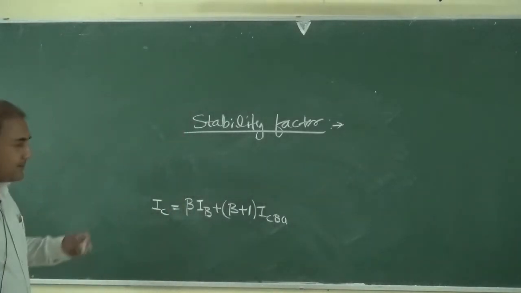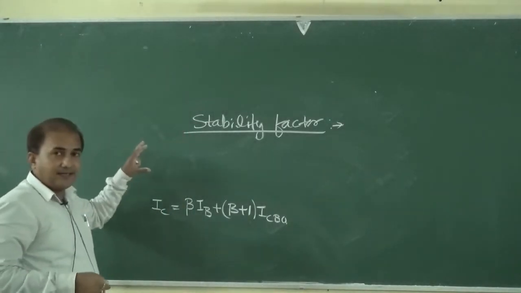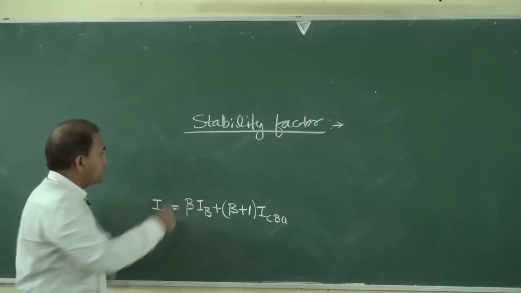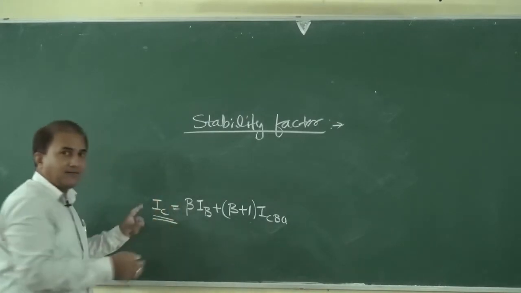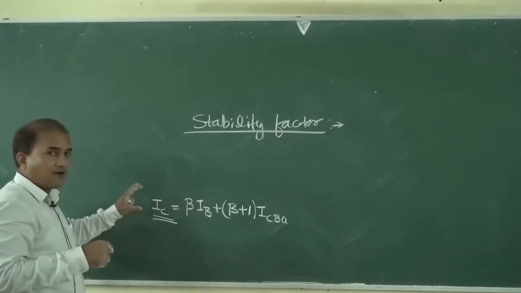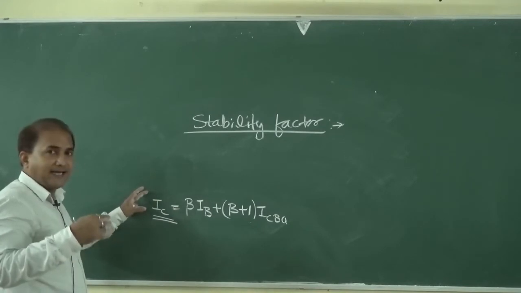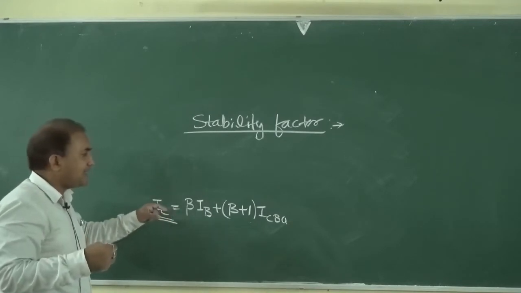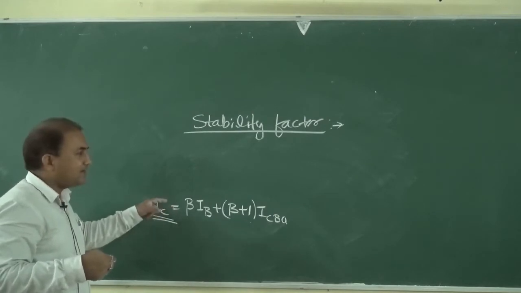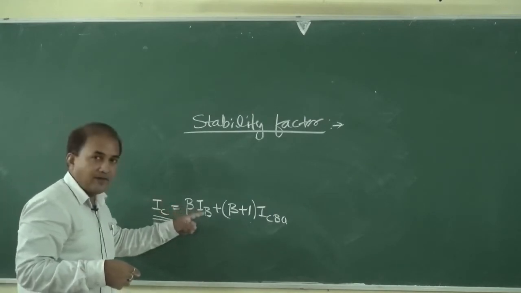Now the stability factor determines the fluctuation of IC with the variation in temperature, with the variation in beta, with the variation in VBE.